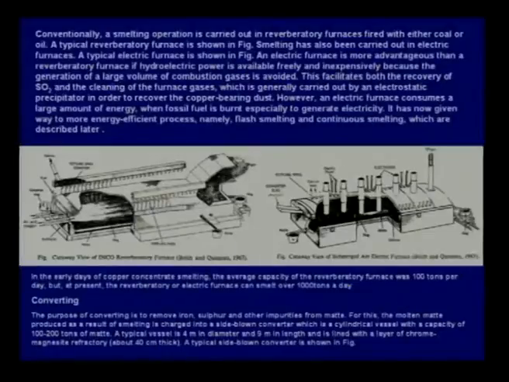So, if this electricity for the submerged arc is coming from a thermal power plant, then you are not generating CO2 here, but you are generating CO2 elsewhere where the thermal power plant is located. If it is hydroelectricity, this problem is not there.